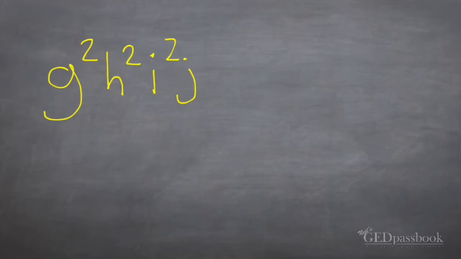All right, you got this problem right here. G2, H2, I2, J2. All right, you tell me, what is this? Is this a monomial, which stands for 1, a binomial, which stands for 2, or a trinomial, which stands for 3?